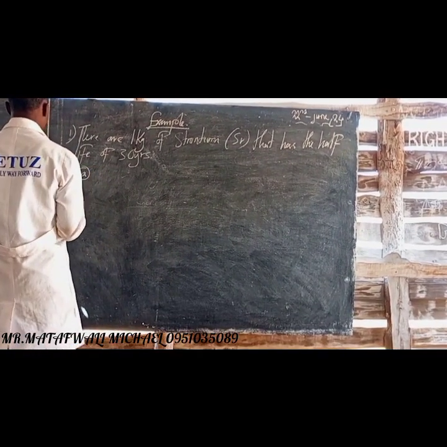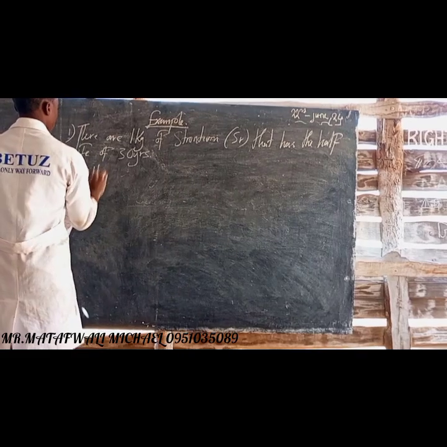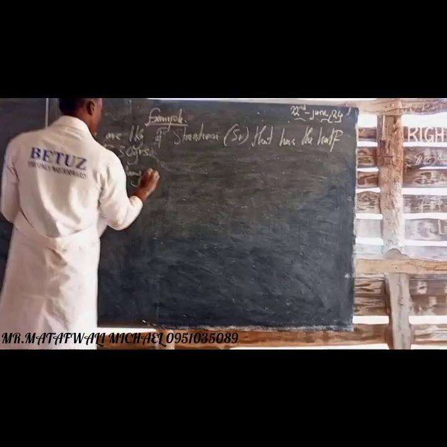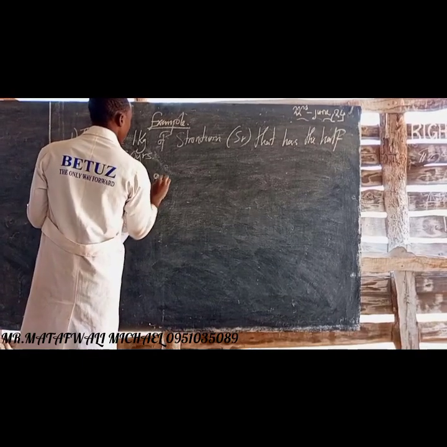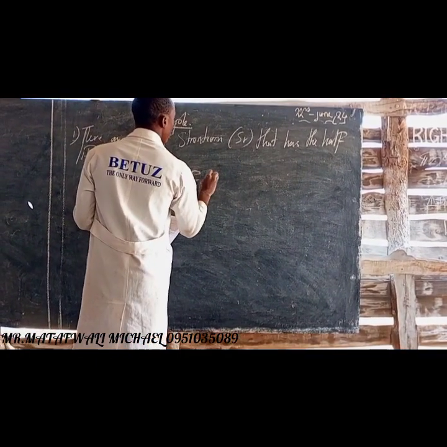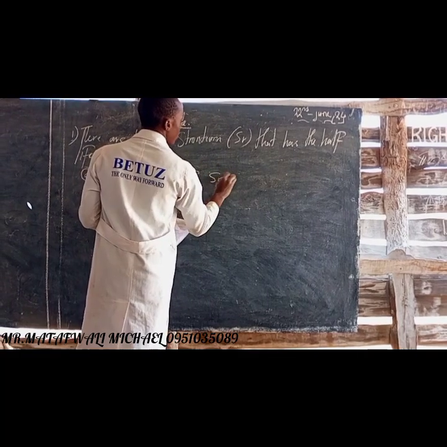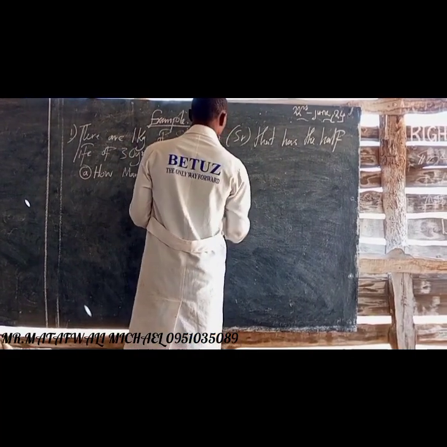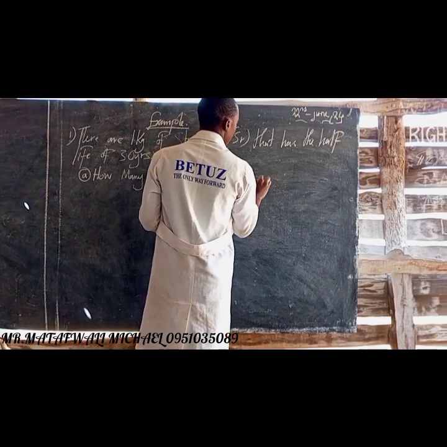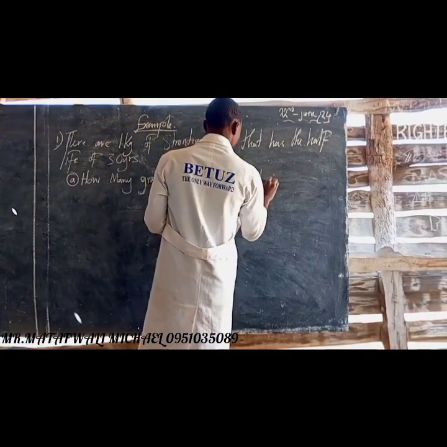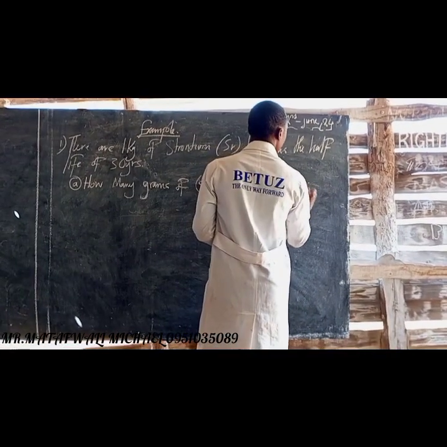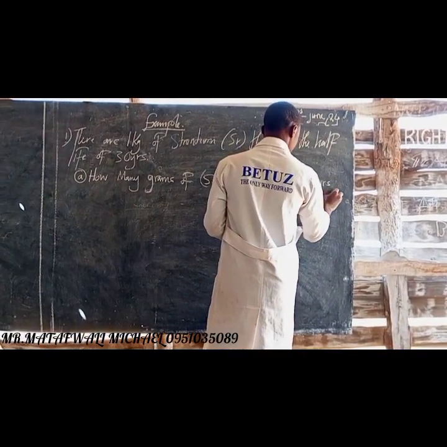Then question A is asking us to find how many grams of strontium, we're just going to use the symbol Sr, remained after 90 years.